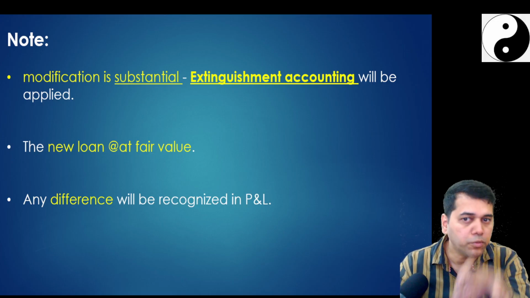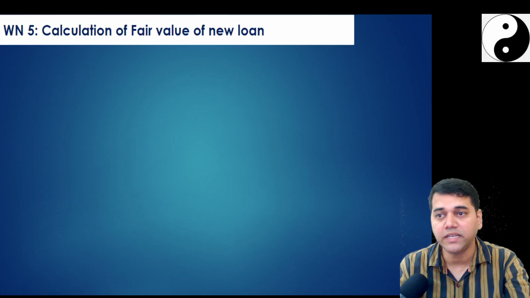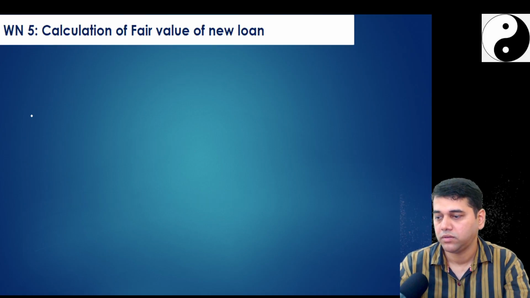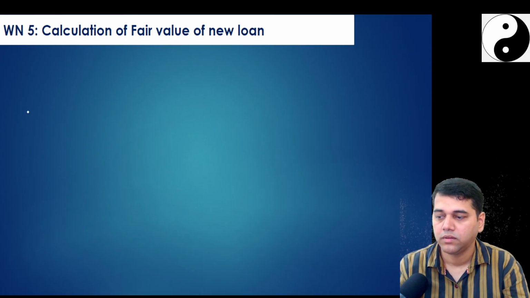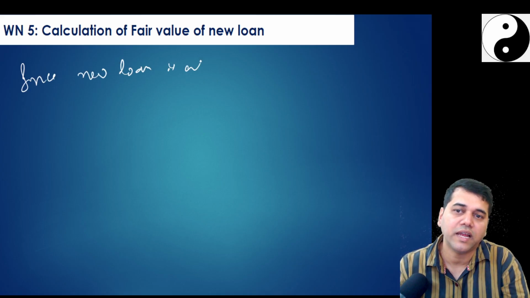So if I have to do extinguishment accounting, I need one piece of information. What is that? Fair value of the new loan. Next, calculation of the fair value of the new loan. Since the new loan is at market terms, why?